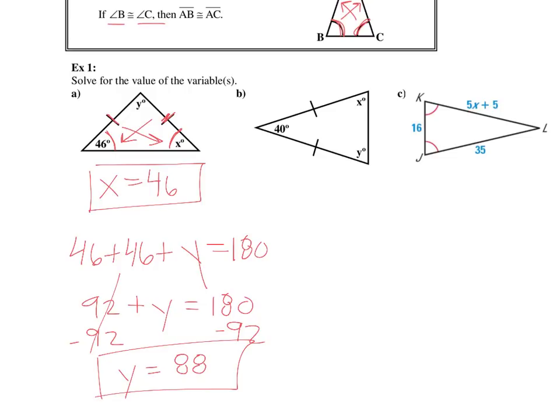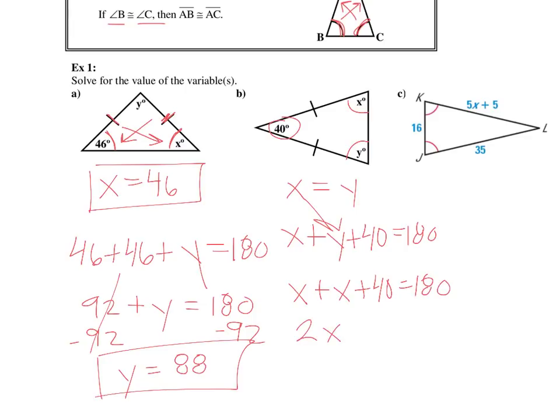So for part B, I know these two angles are the same. I only know one of the angles though, so what are you going to do? You know x is equal to y. I also know that x plus y plus 40 is equal to 180. So I could just do a little substitution here. I could replace y with x, so then I have one variable in the equation.